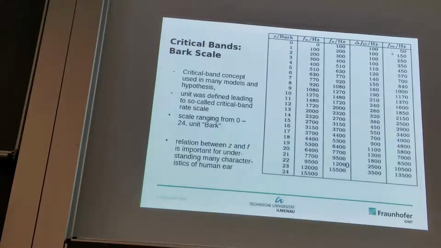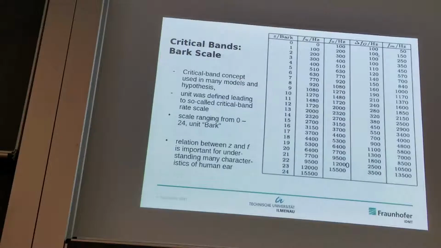FM is like middle, so this is the center of the band, and delta means the bandwidth of each band. The first one is the lowest one, yeah? Yeah, so number 0 goes from frequency 0 up to 100 hertz, which means we have 100 hertz bandwidth, and the center is 50 hertz. The next band goes from 100 to 200 hertz.